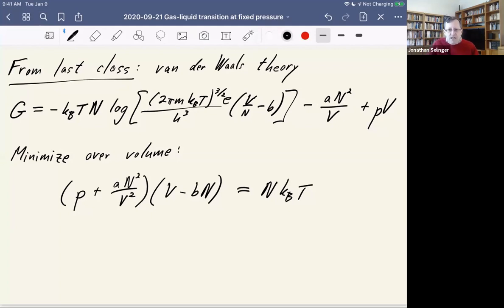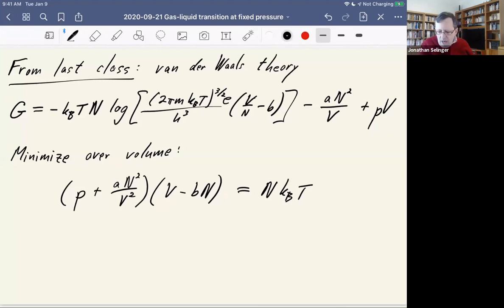One effect is that there's some kind of hardcore repulsion, that the molecules can't push closer than a certain distance. And the other effect is that there's some long-range attraction.